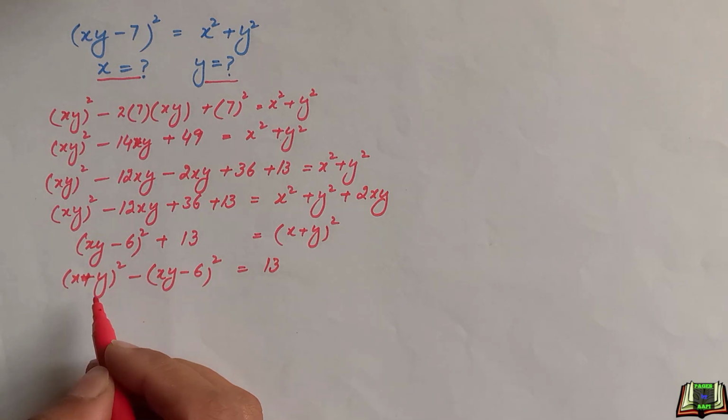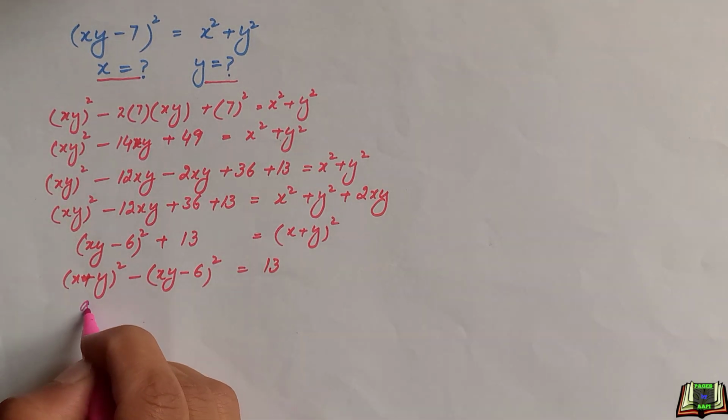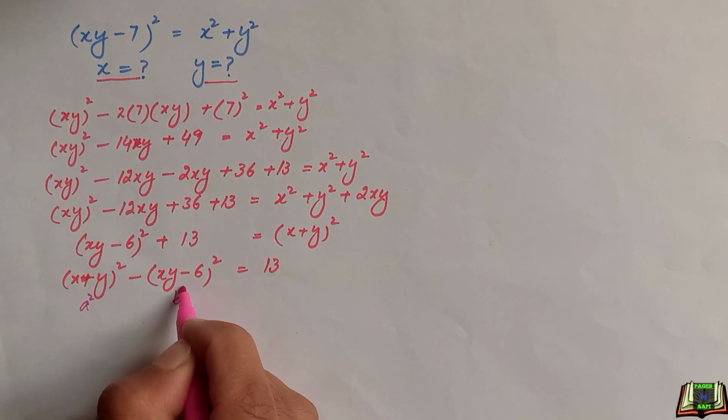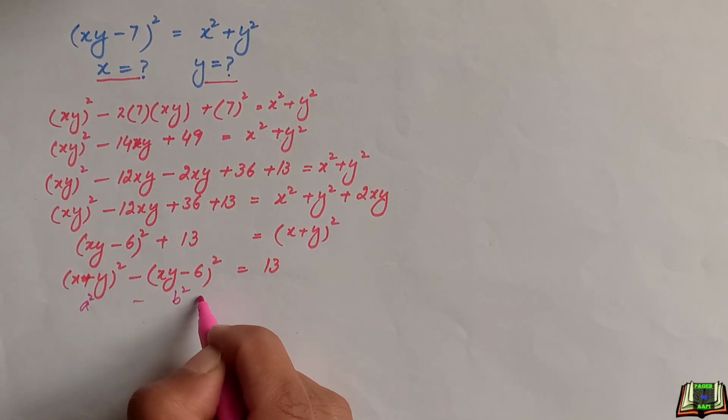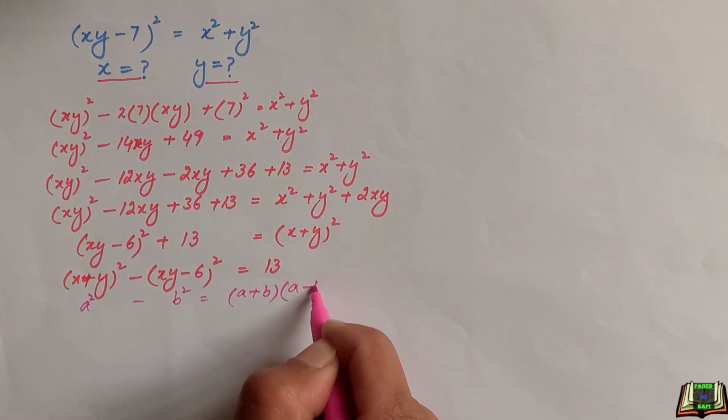This becomes an algebraic identity. (x + y)² is a², and this part is b². a² − b² is equal to (a + b)(a − b).